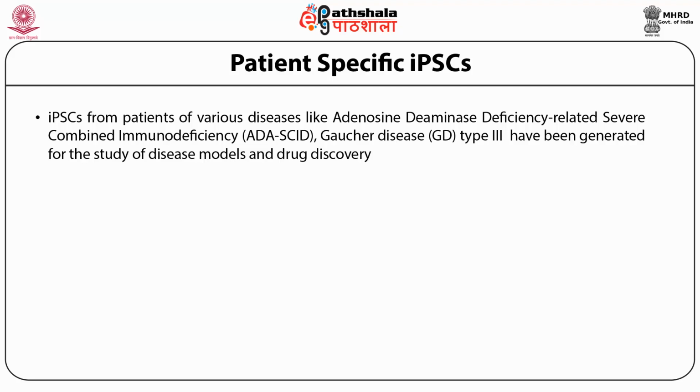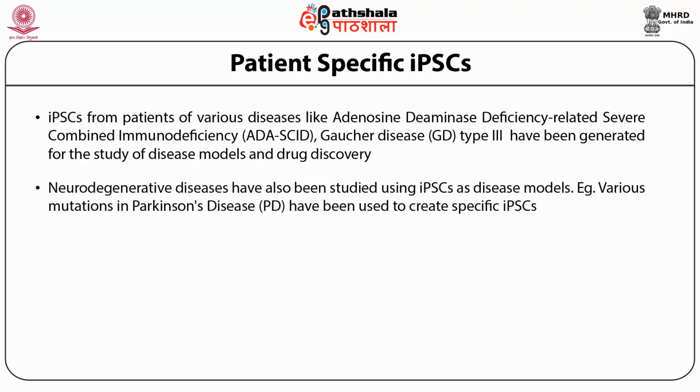And Gaucher's disease, which is a lysosomal storage disease, again a genetic disease. So from both these patients, induced pluripotent stem cells have been derived and used for studying diseases and for drug discovery. Neurodegenerative diseases like Parkinson's disease have also been studied using induced pluripotent stem cells as disease models.